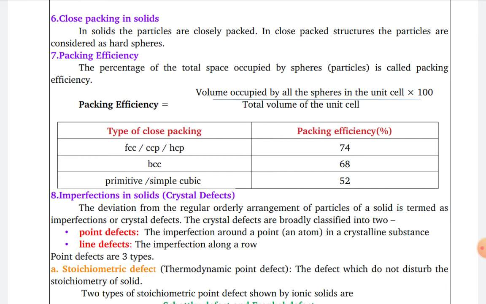The types of close packing are FCC or CCP or HCP. The packing efficiency is 74%, in BCC it is 68%, and in primitive or simple cubic it is 52% respectively.